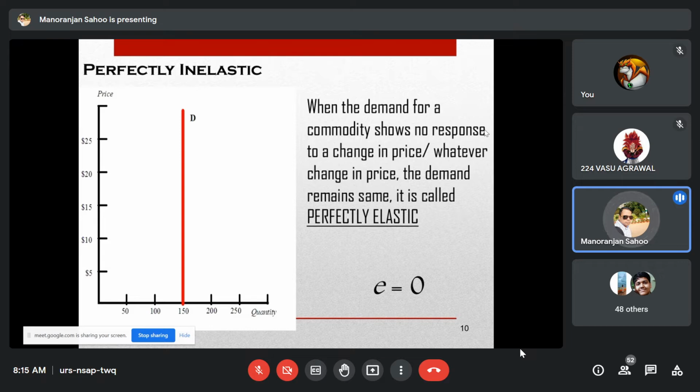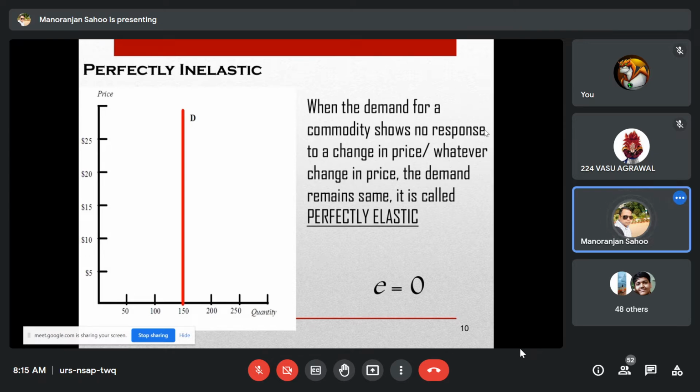The closest example can be the petrol price, or water supply also, because it is most important for us, a necessity. Another thing is that it should not have any close substitute.